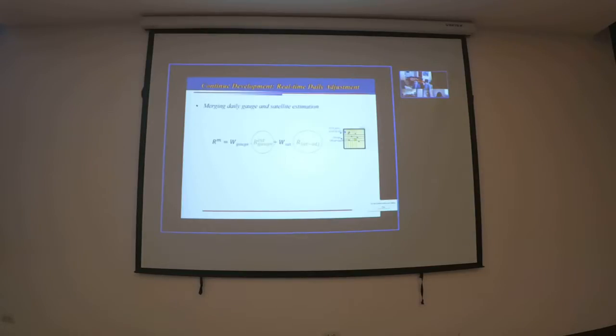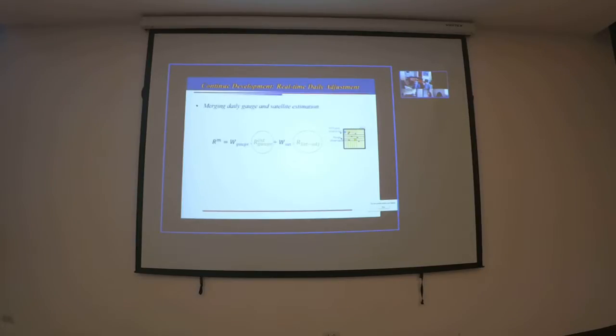The weighting factor is a function of their uncertainty; high uncertainty gets a lower weighting factor. If the pixel is under the gauge observation point, we assume the gauge observation is good.